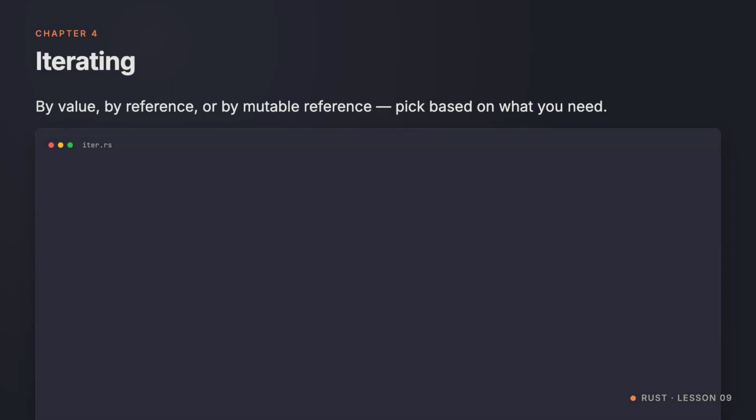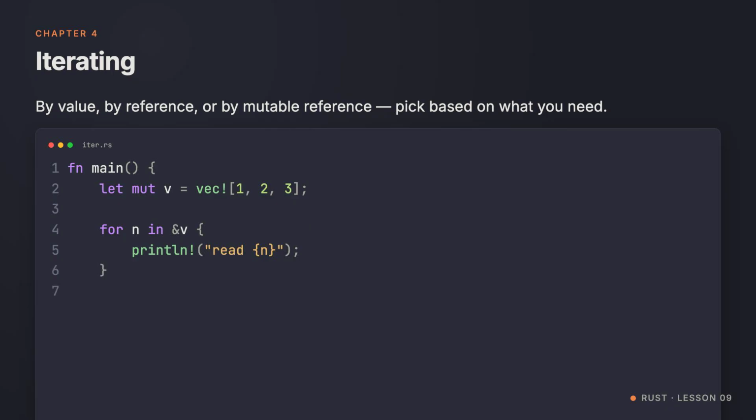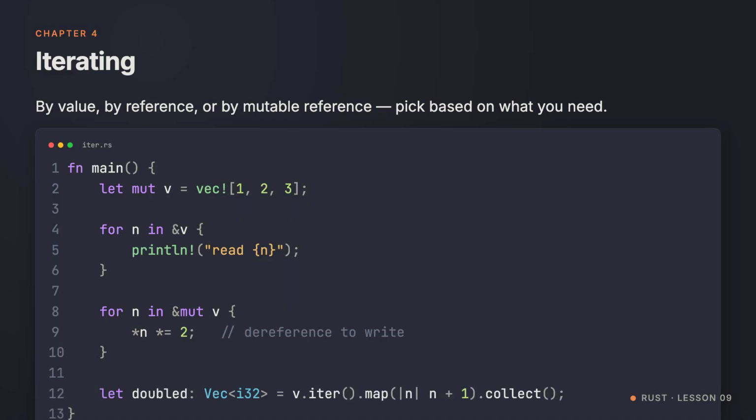Iterating over a vector with a for-in loop is the most common way to work with its contents. There are 3 flavors, and they differ in what kind of access you get to each element. First, for x in v moves each element out of the vector, consuming the vector in the process. You can only do this once. Second, for x in &v iterates by reference, borrowing each element for reading.